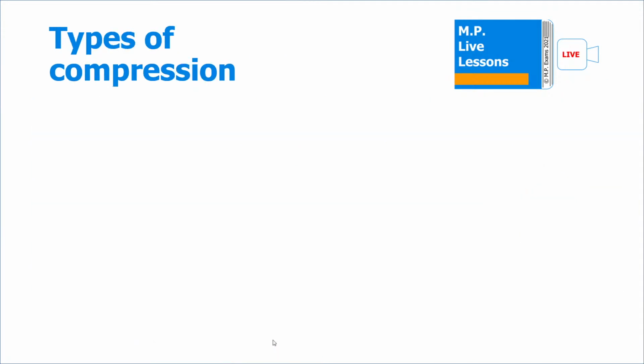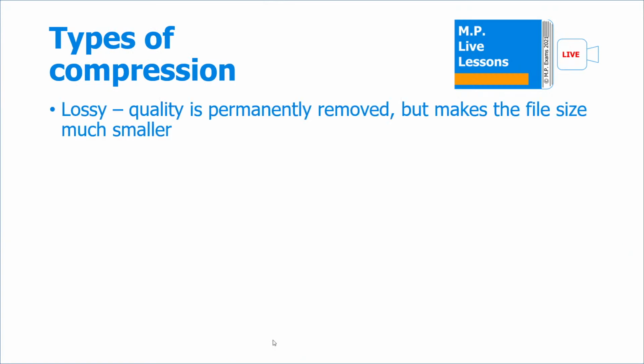Now, to round everything off with compression, I introduced you to another type of compression called lossy compression. This is where quality is permanently removed, which makes the file size much smaller. So think about rounding, for example. We could do this with the sound representation again. Let's say we have a wave.